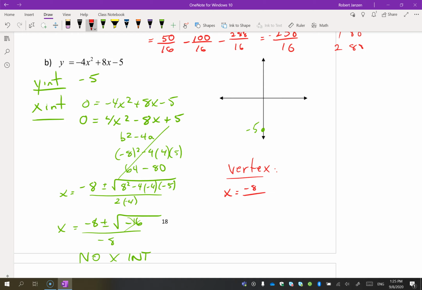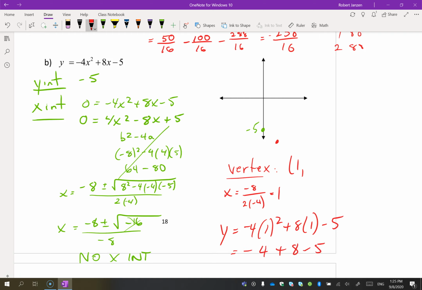Okay, so negative b over 2a. So this is 1, so the vertex is going to be at 1. And then let's find out what y is. Y is negative 4 times 1 squared plus 8 times 1 minus 5. So this is negative 4 plus 8 minus 5, which is negative 1.